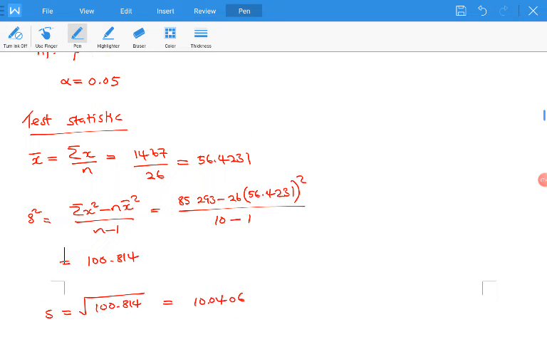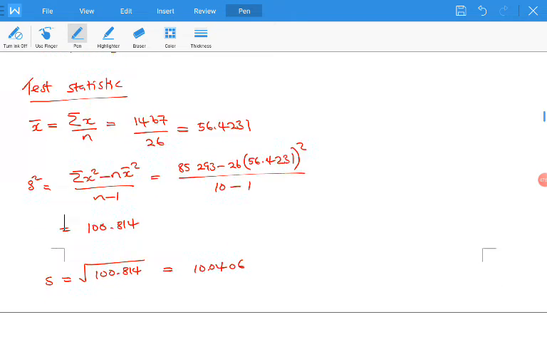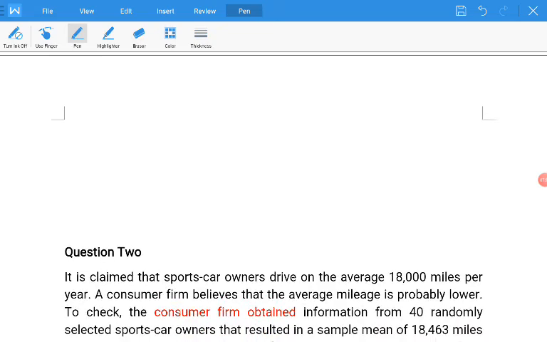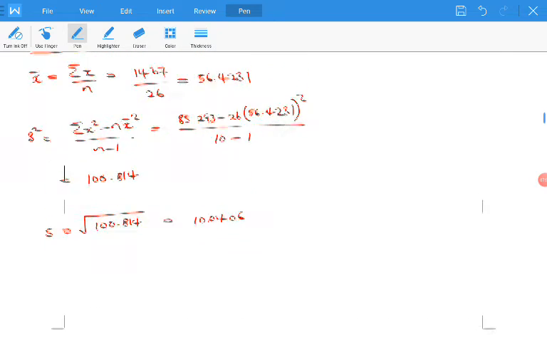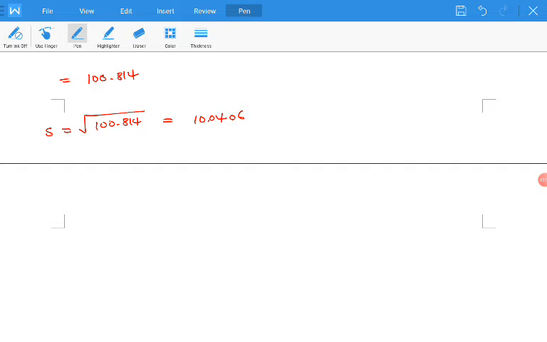So now we have the standard deviation and the mean. We then go on to calculate our test statistic, which is z-calc, which is equal to x bar minus mu, the hypothesized mean, over s over root n.